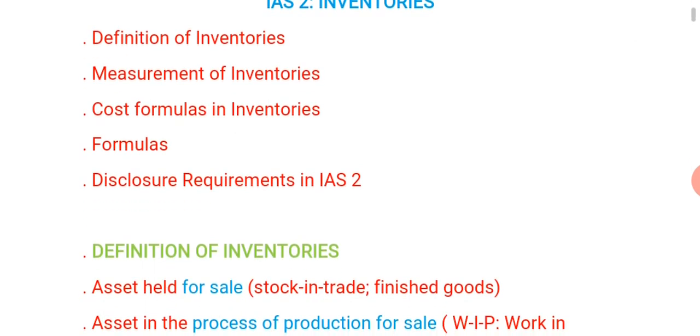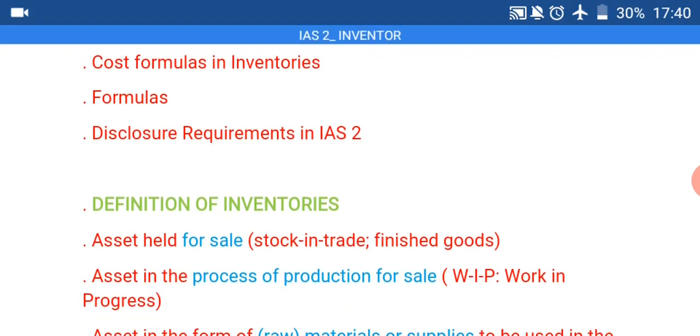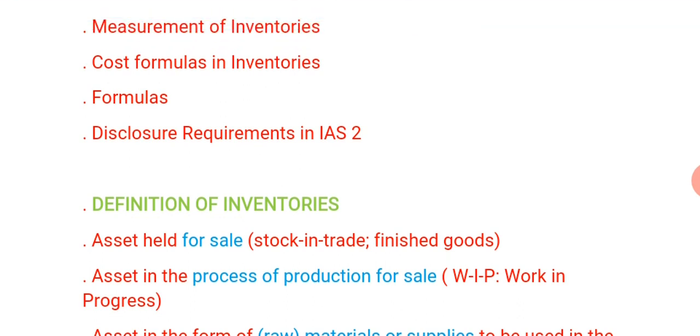Then we'll quickly go over to the first part, which is the definition of inventories. And now IS2 gives us three areas where inventory covers. Relating to its definition, it goes here that inventory is assets held for sale. Held for sale as our normal stock, our normal goods, like traders selling stock in trade, or finished goods.